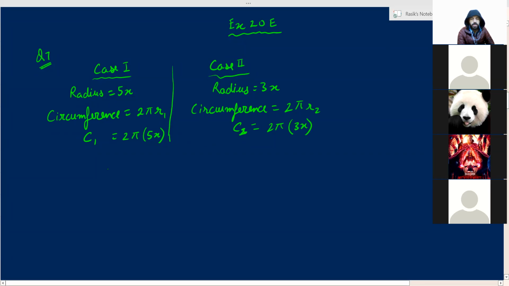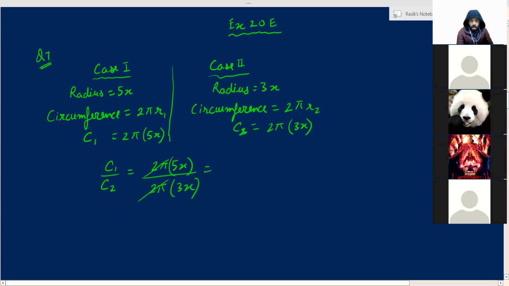Now, to find the ratio of the circumferences, what do we do? We form a fraction C1 upon C2. This is the fraction with the help of which we can find the ratio of the circumferences. So C1 upon C2 means 2 pi into 5x upon 2 pi into 3x. So 2 pi and 2 pi will be cancelled.